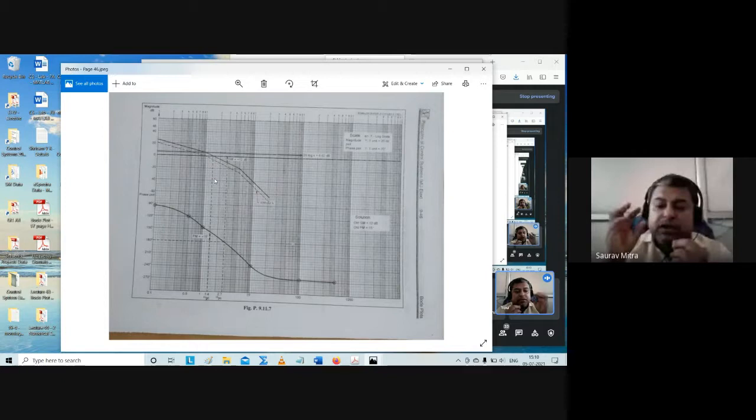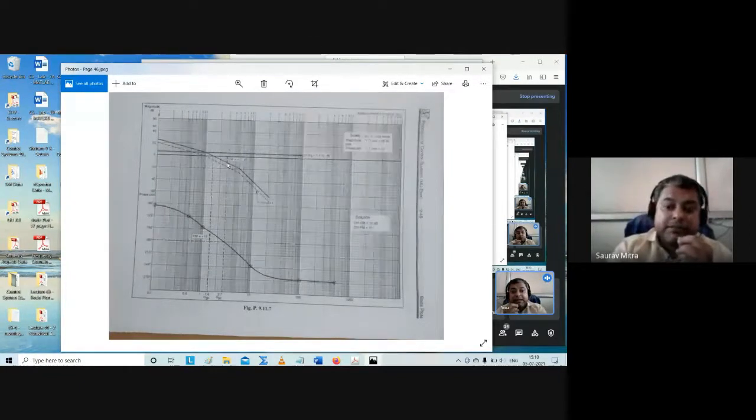Keep this confusing point firmly in your mind. So omega GC you have to plot down and omega PC you have to take up and check how much the gain is. You find that at omega PC, 2.7 radian per second, the system gain is minus 12. That means you can still increase the system gain by 12 dB. Still the system will be stable. Stable means the gain will be less than 0. So what we are finding is at omega PC the system gain is actually minus 12.